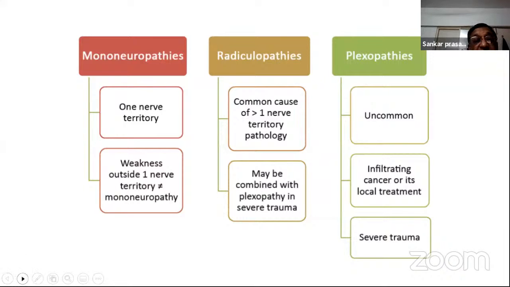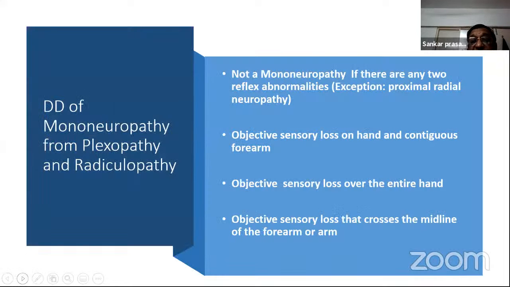And so, how do we differentiate? It is not a mononeuropathy if there are two reflex abnormalities, except for proximal radial neuropathy, when you can have more than two reflexes involved. Objective sensory loss on the hand and contiguous forearm is not a mononeuropathy. I have already told you that for the median nerve or ulnar nerve, if the medial part of the forearm has a sensory loss, it can never be mononeuropathy.